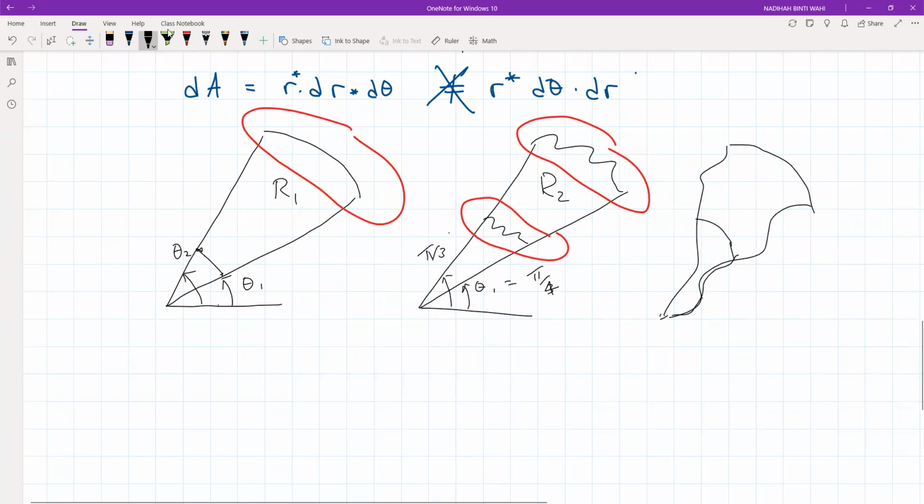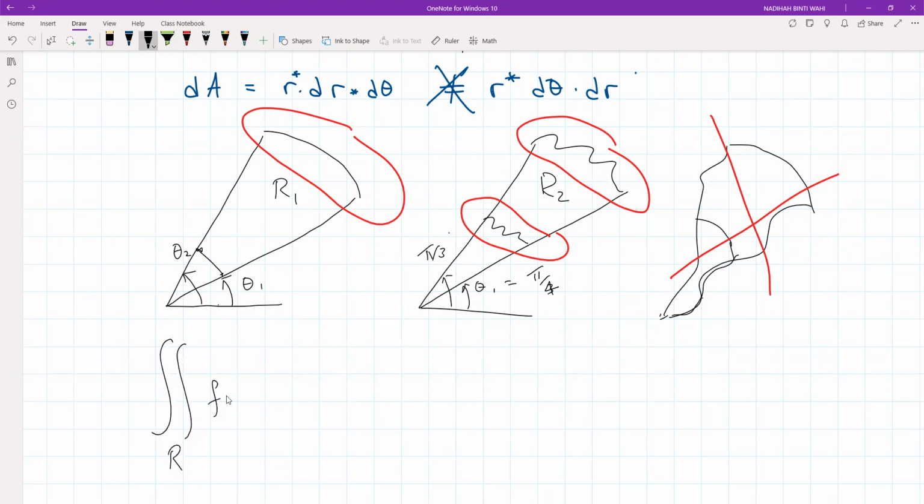So yang ni kita tak pakai. So we don't use this kind of stuff. So that's why kalau kita nak tukar untuk dA, if you want to integrate over the region R f(r, theta), it is always r dr d theta.